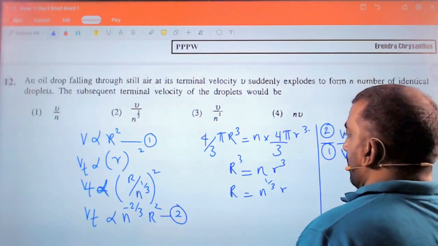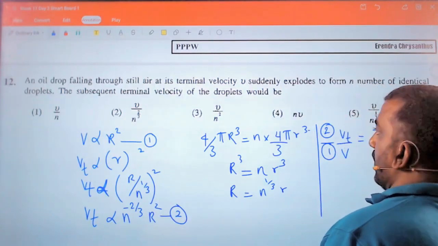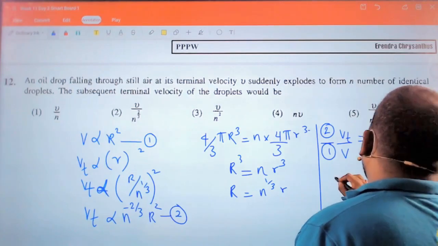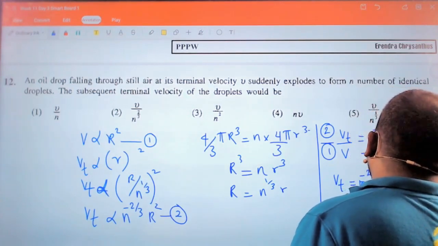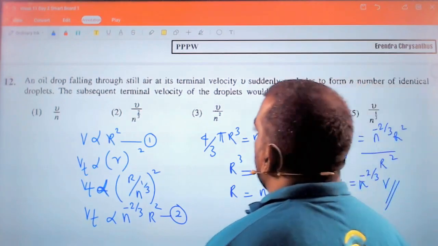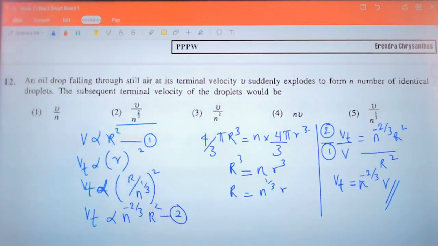New terminal velocity over V is n to the power minus 2/3. So the new terminal velocity is n to the power minus 2/3 V. Which means this answer is correct. Answer number 2. The 12th one, answer 2. Right.